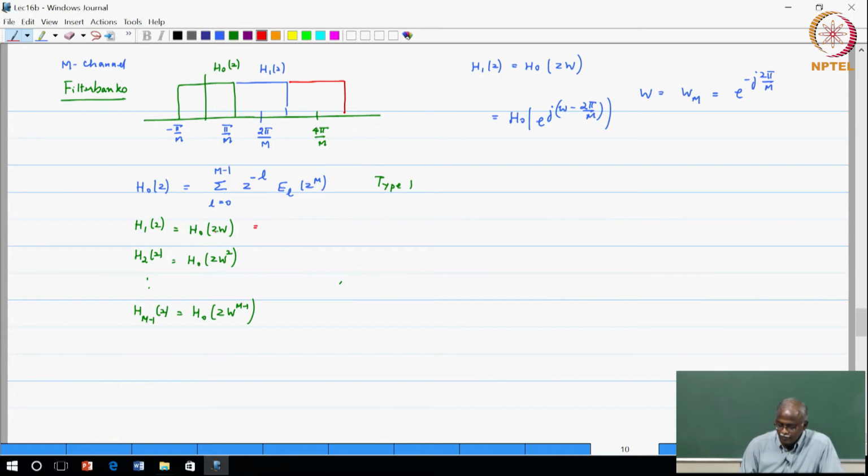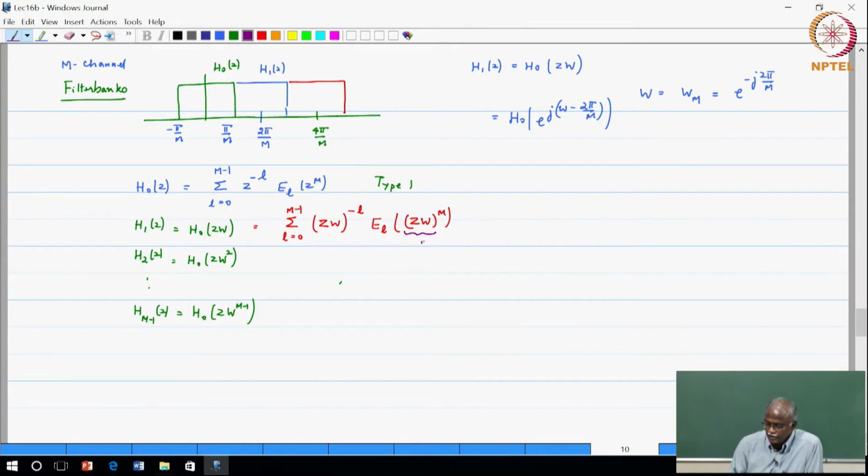So, basically wherever there is z, replace it with zW. So, this expression would become summation L equal to 0 to M minus 1, (zW) raised to the power minus L, E_L of (zW) raised to the power M, correct. Wherever there was z, I have replaced it with zW to get my first filter. Okay. Now, please look at what is within the bracket. If I simplify, W raised to the power M will be equal to 1.